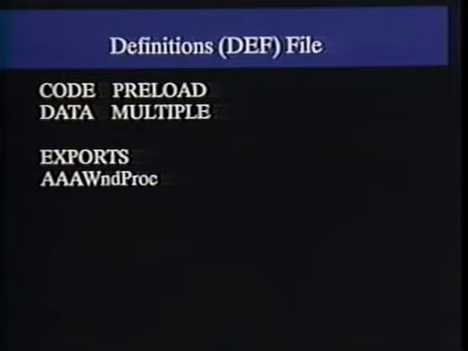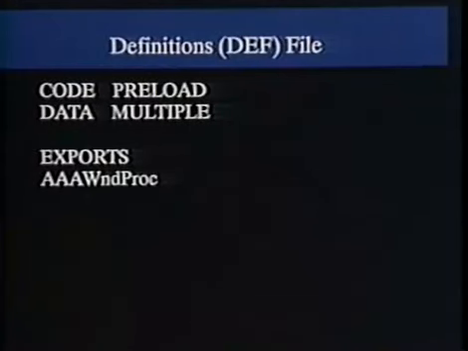That is, for every instance or every process created from this code. So for example, if this were a word processor and I had two of them running, each of them would have its own set of data. And in addition, we describe what procedures or functions we can both import and export into the application.